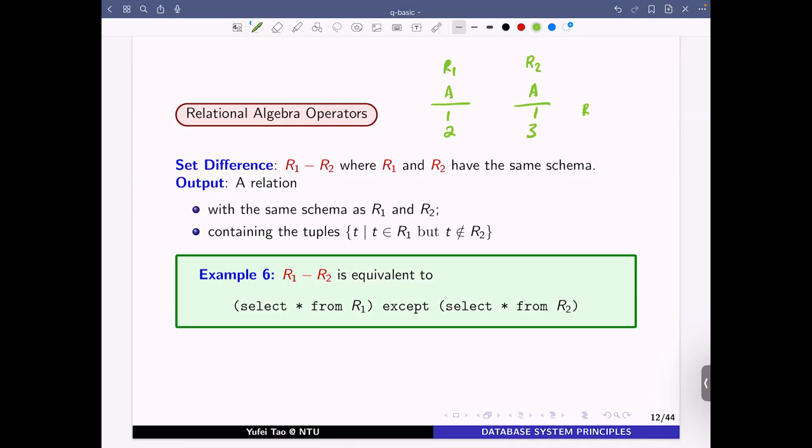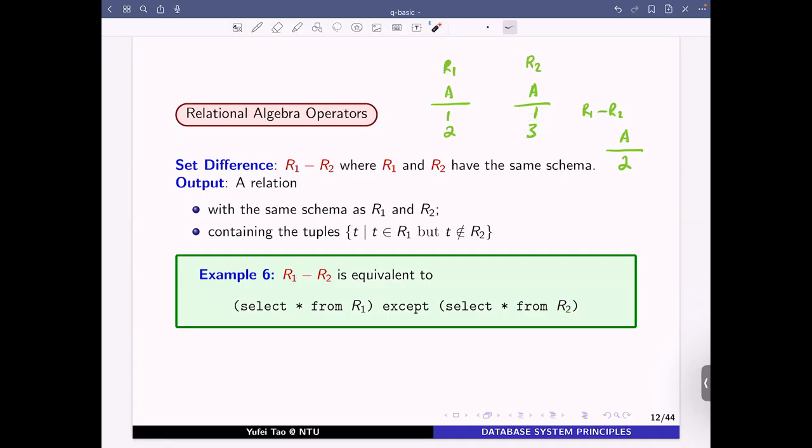Then R1 minus R2 will give you a relation with schema A, and the value is just 2. In particular, this 2 is a value that appears in R1, but not in R2. On the other hand, the tuple 3 is not in the result, because it appears in R2, but not in R1.